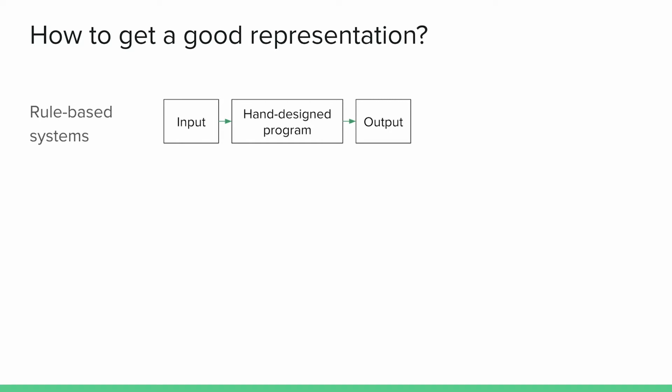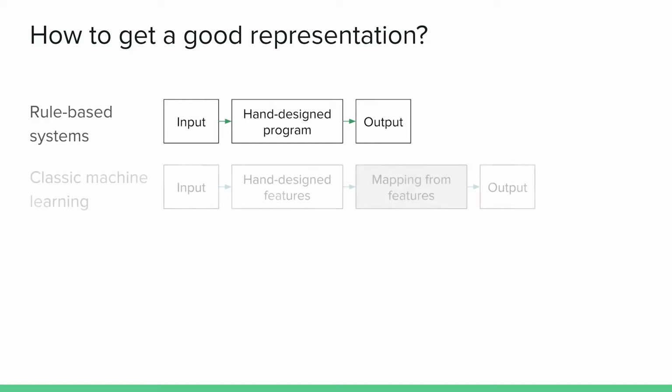Well, back in the days when we had rule-based systems for all of these tasks, we had a certain input, a developer sat down and had an idea, so he wrote it in a programming language of his choice into a piece of software, and then it would produce an output. But it had no explicit representation, it just had the rules that the developer had in mind that he put into a piece of software.